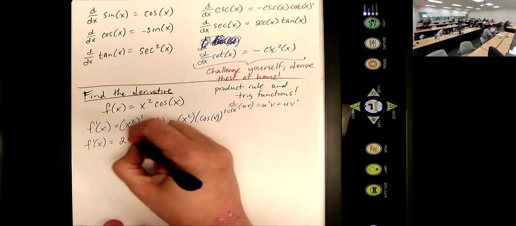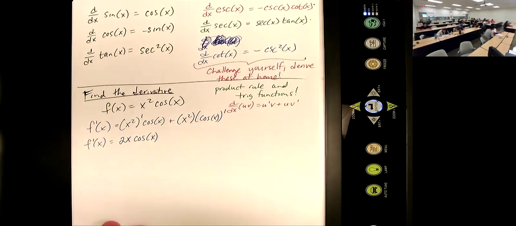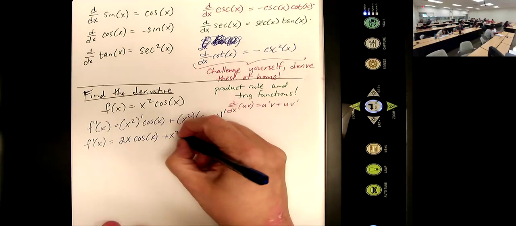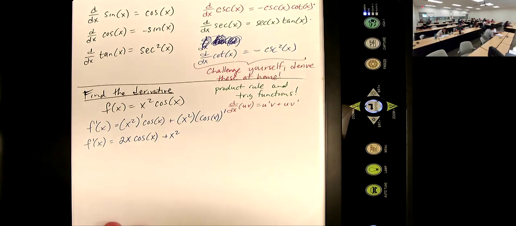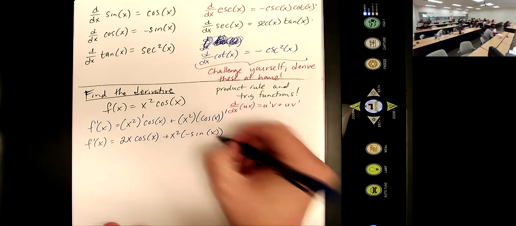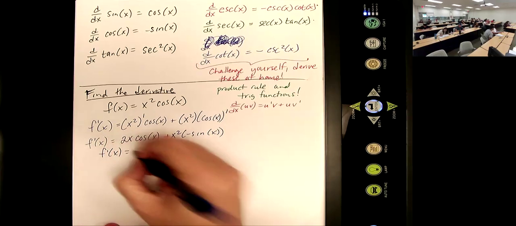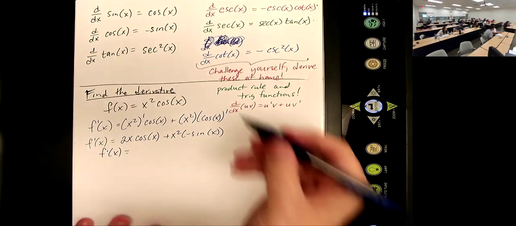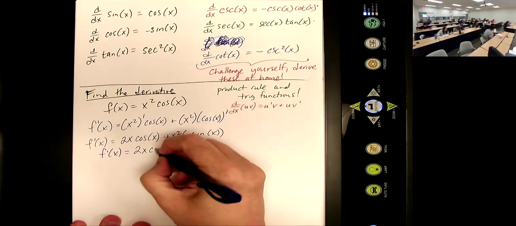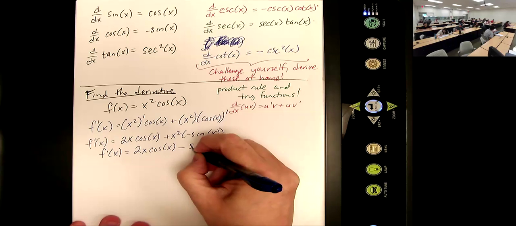It's 2x, and we leave the cosine x alone. And then we leave x squared alone, and what's the derivative of cosine x? Negative sine x. So we should probably deal with that minus sign. We can write it as 2x cosine x minus x squared sine x.